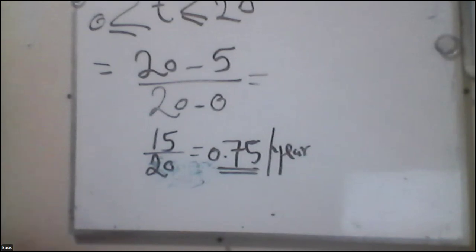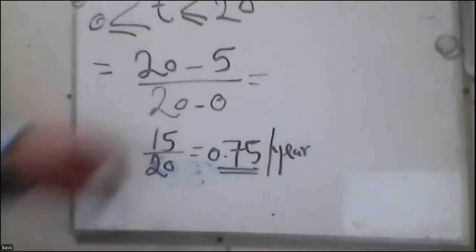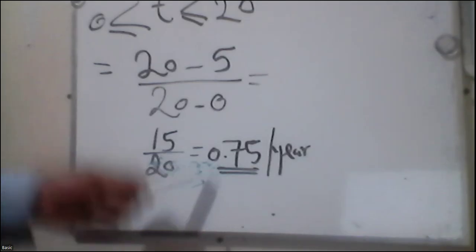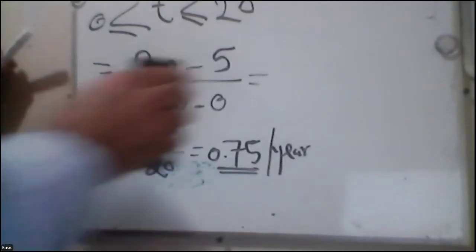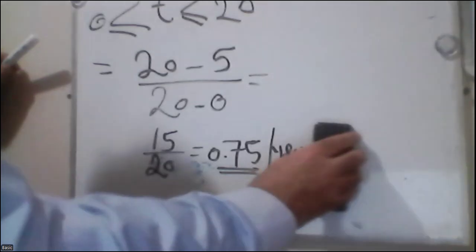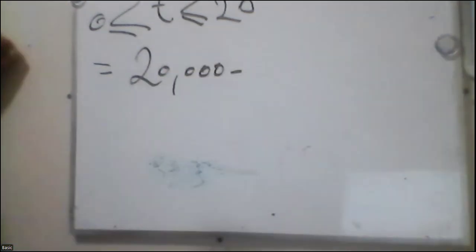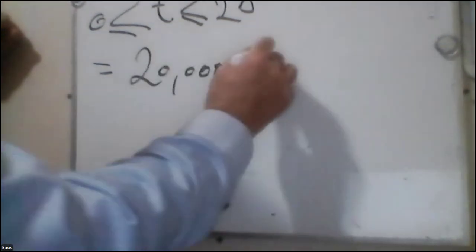You can also do it 20,000 minus 5,000 divided by 20. In that case, if we do it like this, we would not get the ratio, we'll get the numbers. So we can say like this: on the year 20, or after 20 years, the number here is 20,000, minus on the year 0, it's 5,000.